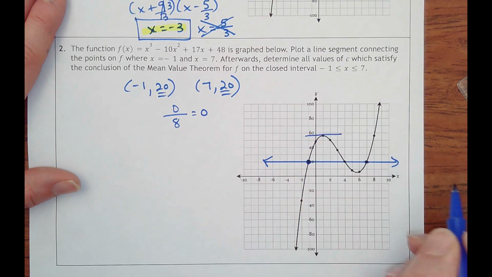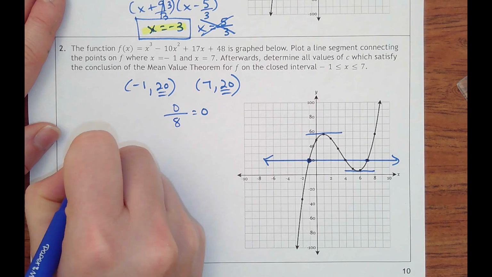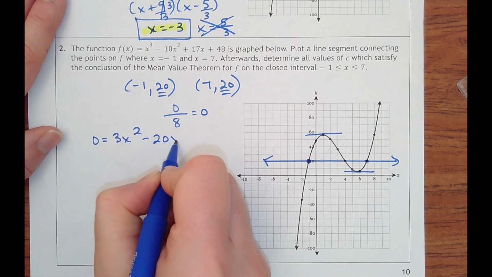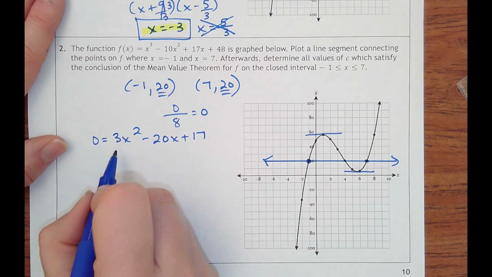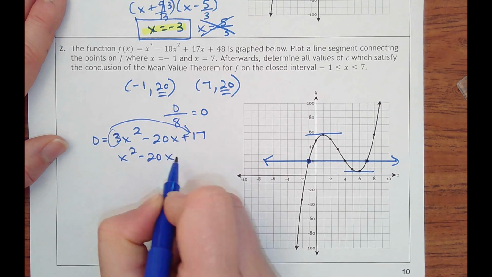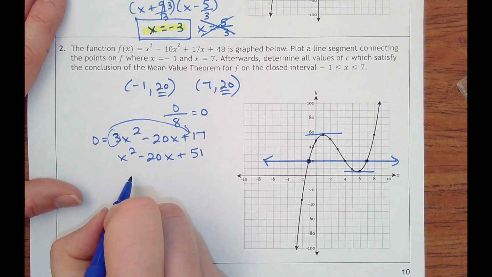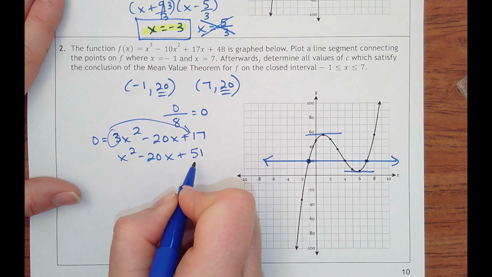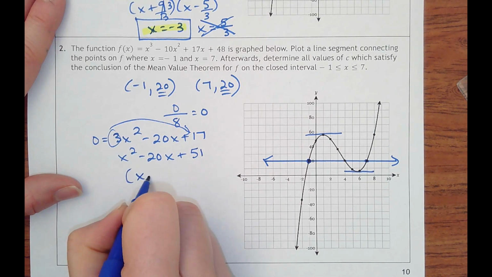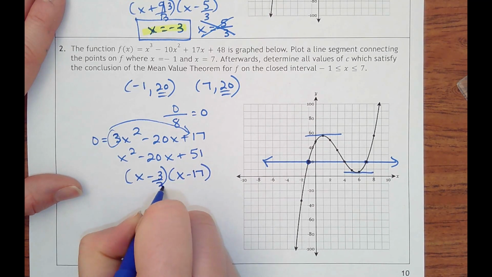here and a min here, which it looks like I know it, but just in case I better set it equal to 0. So that would be my 3x squared minus 20x plus 17. Slide that over. 51, I think. And then that would be 3 and 17 again, both negative. Divide by 3.